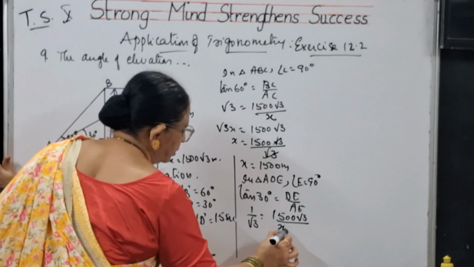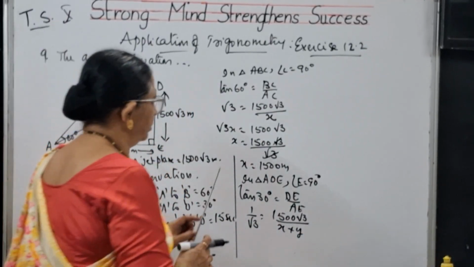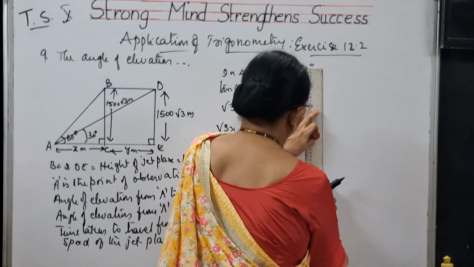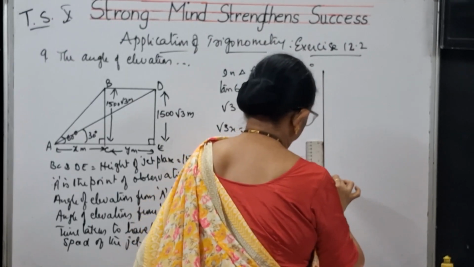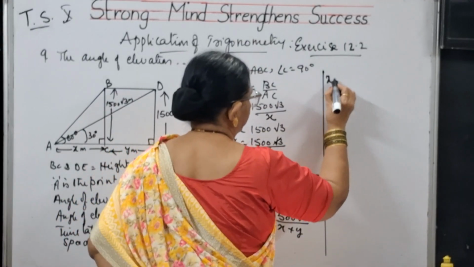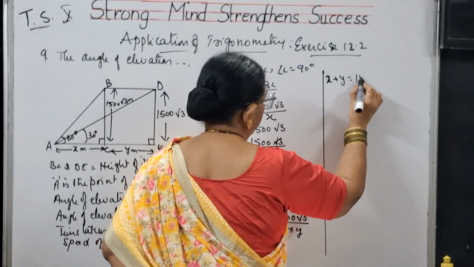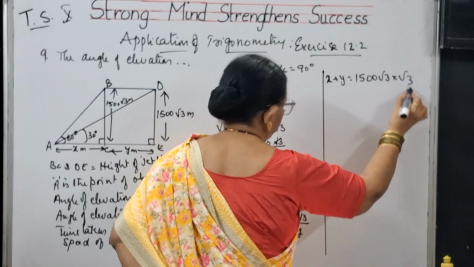AE is nothing but x plus y according to the figure. That means x plus y is equal to 1500 root 3 into root 3.